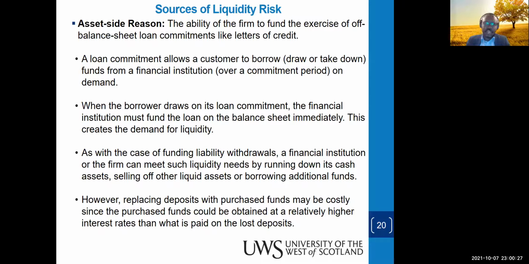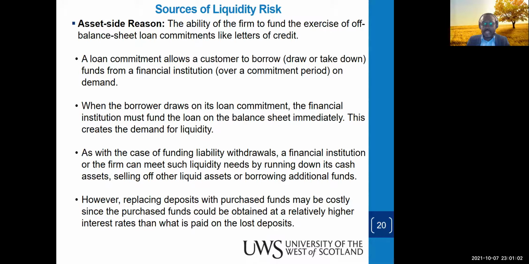Okay, so for example, a loan commitment, if a company goes to the bank to borrow, and the bank agrees to offer them the loan, what happens is that the bank must make money ready for the customer to cash out. Okay, now if the borrower draws this loan commitment, it means the bank has lost some cash initially, right? And they must immediately fix it. Let me put it that way. Okay, they must fund the loan on the balance sheet immediately.